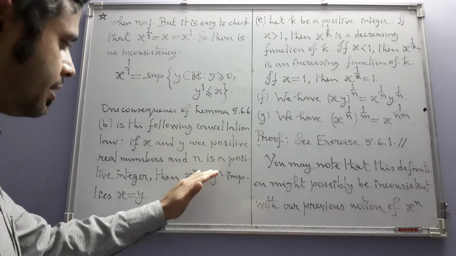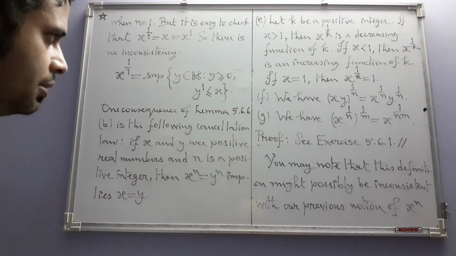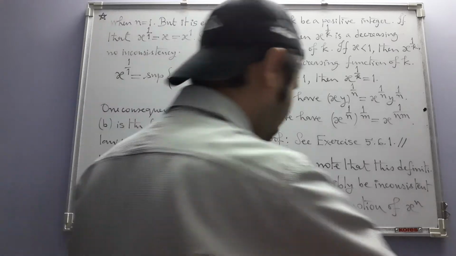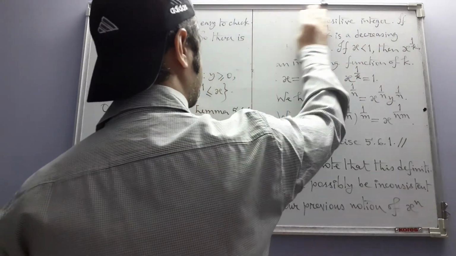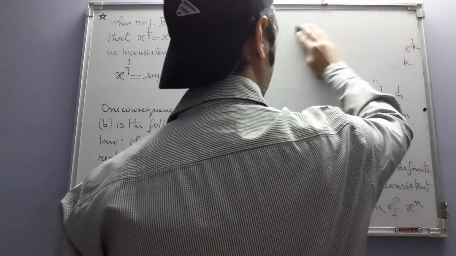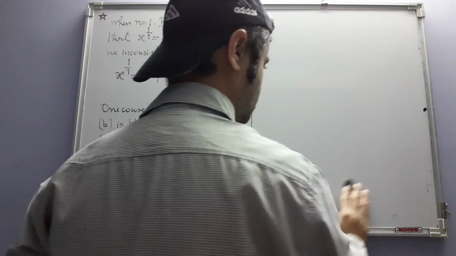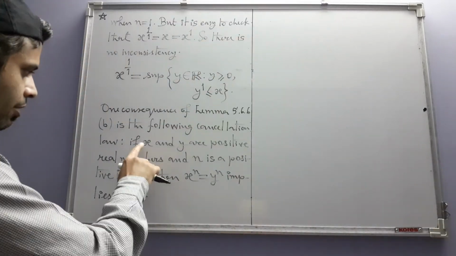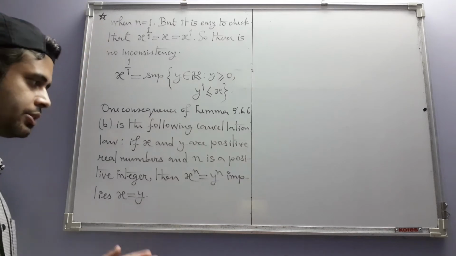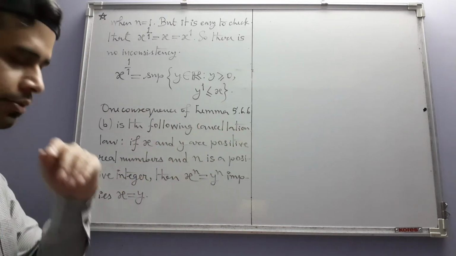How exactly does it follow from this lemma 566 part B? Let us see in part B what is it that we have. So for us x and y are positive, just like what the lemma says, n is also a positive integer.